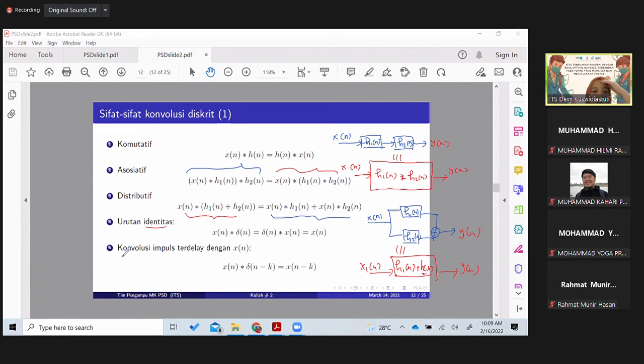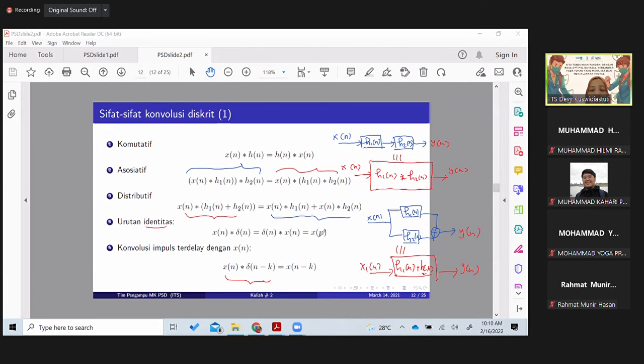And then the fifth one, if we convolve x[n] with the shifted version of the unit impulse, then the result of this operation is the shifted x[n]. x[n] with δ[n] equals x[n].